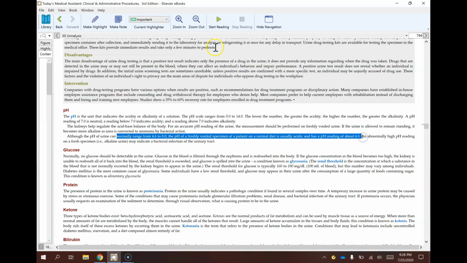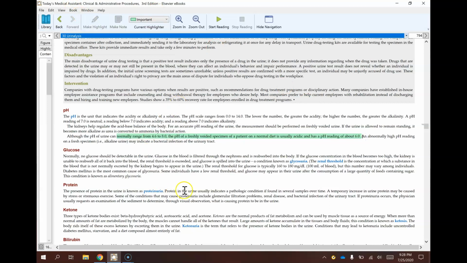There we go. So 4.6 to 8.0 is normal. If you have an abnormally high pH reading, it means the urine is more alkaline, and again, could be a bacterial infection of the urinary tract.